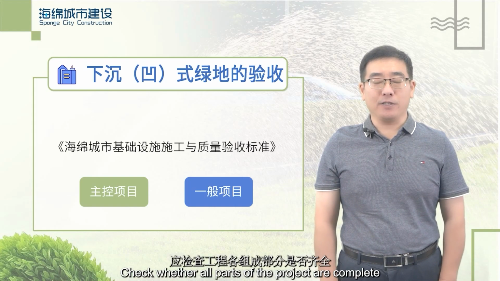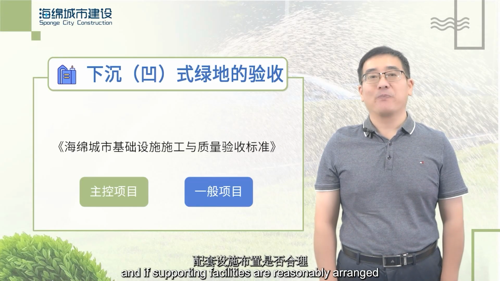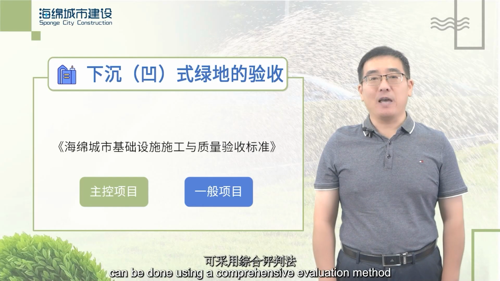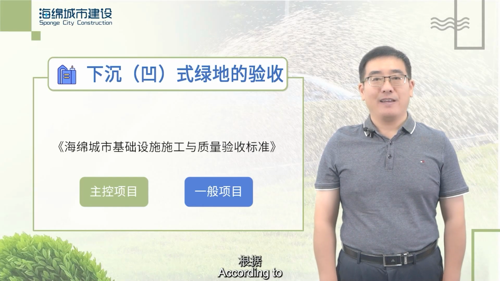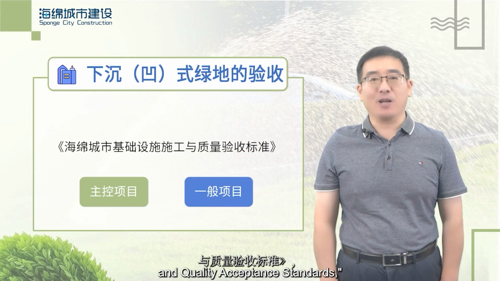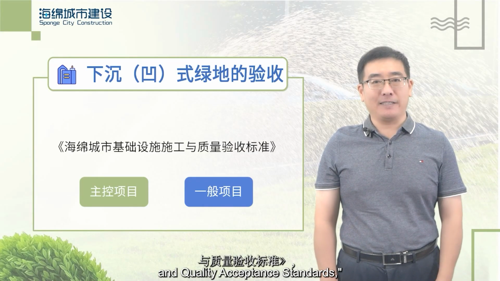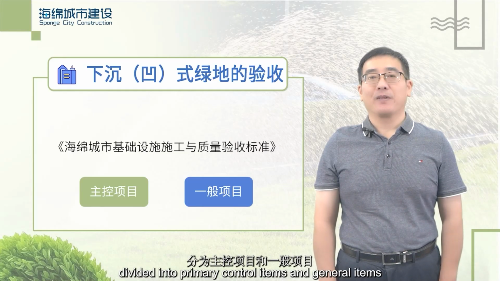Check whether all parts of the project are complete, and if supporting facilities are reasonably arranged. Acceptance can be done using a comprehensive evaluation method, according to the Sponge City Infrastructure Construction and Quality Acceptance Standards. Acceptance items are generally divided into primary control items and general items.